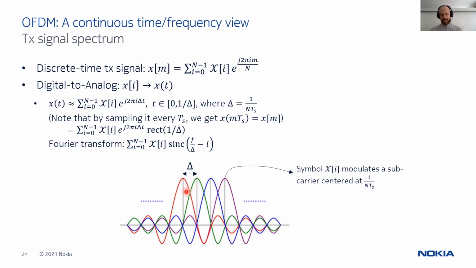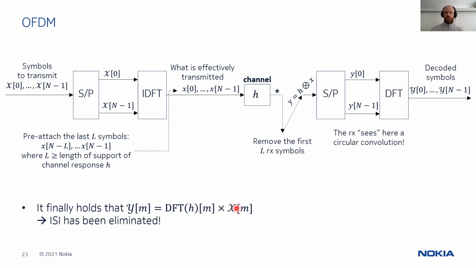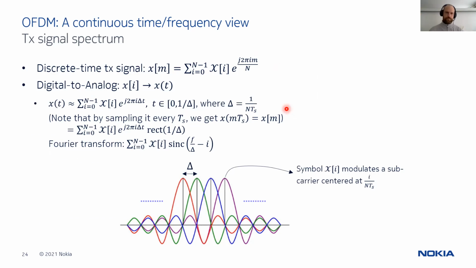So this is basically what you find on the web: the spectrum of an equivalent signal that is continuous time, and if you sample it every T, where T is to be agreed upon, you get the discrete signal that I put in this slide.